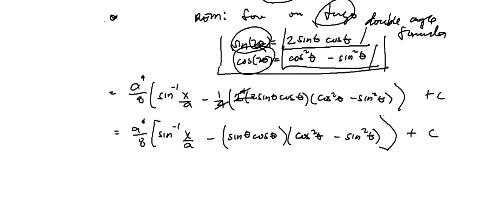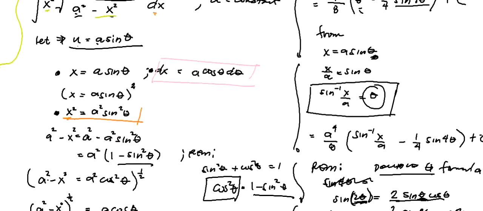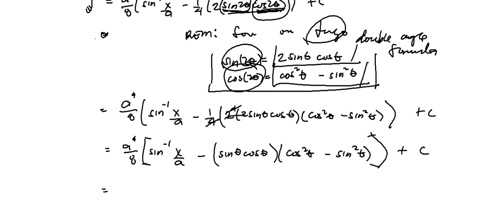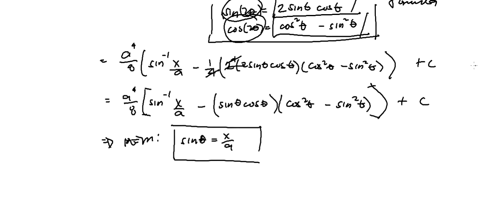Then how can we know the value of our sine theta? Our sine theta is equal to x over a, right? Remember from last time that our sine theta is equal to x over a. Then how about our cosine theta?